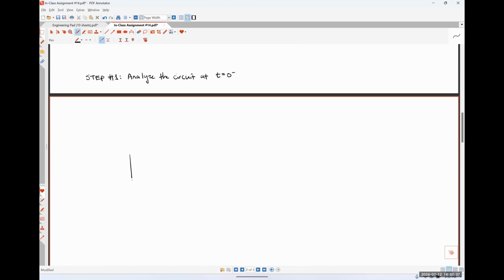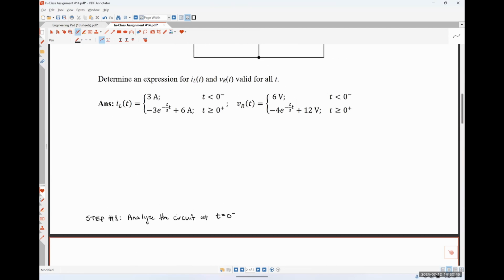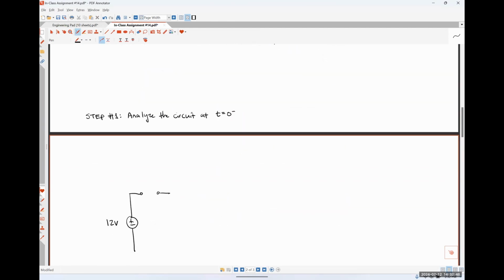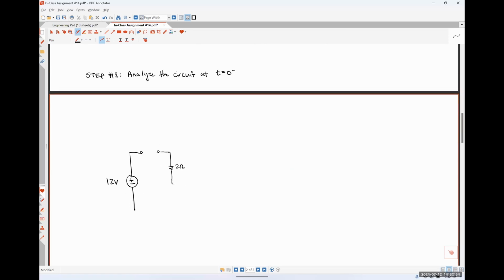So we have that 12-volt source. We have the open circuit of our switch. We have a 2-ohm resistor. Our second 12-volt source.